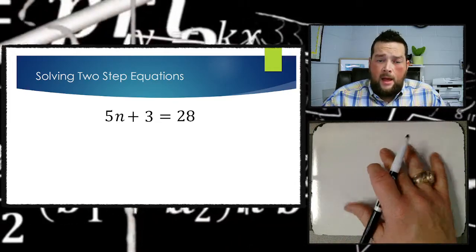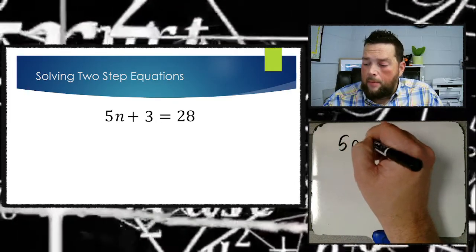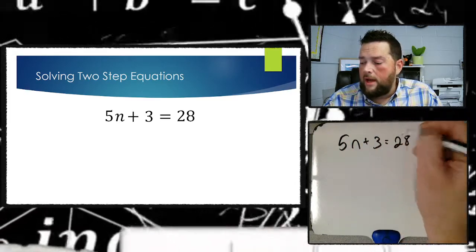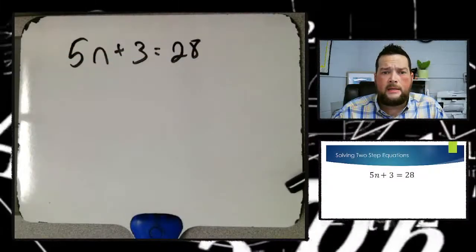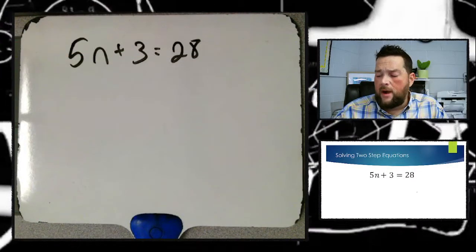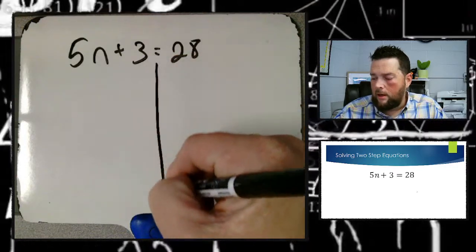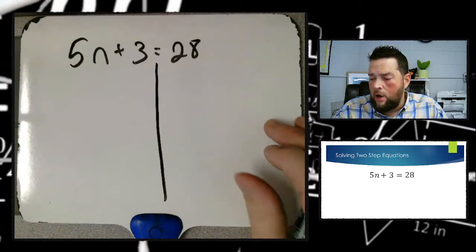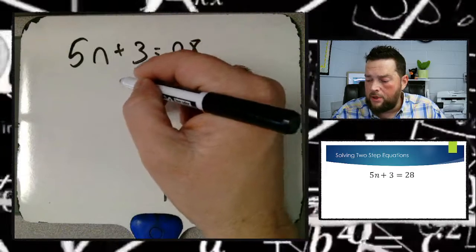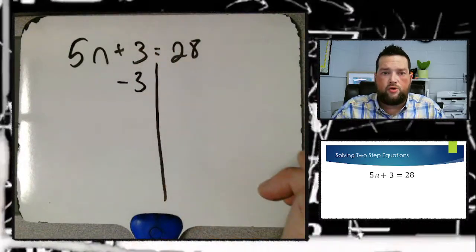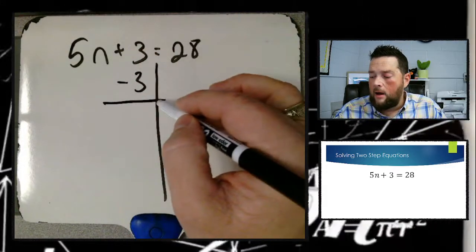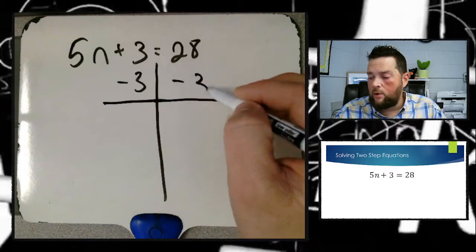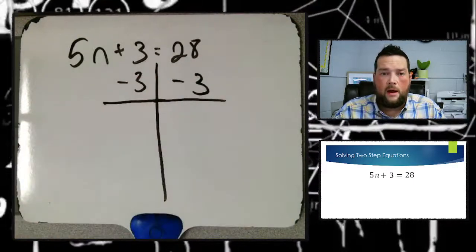All right. We've got 5n plus 3 equals 28. The first thing we have to do, we're going to put a line down the middle for the equal sign. We need to take care of the plus 3, which in order to undo that, we have to subtract 3. If we do it on this side, we've also got to do it on this side over here, so we have to make sure that we write it on both sides.